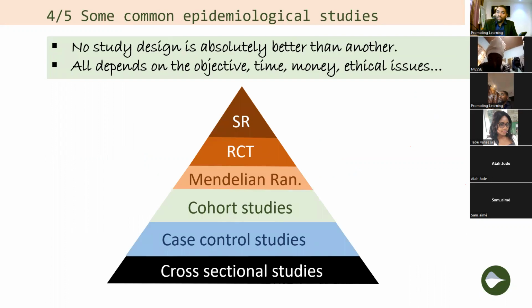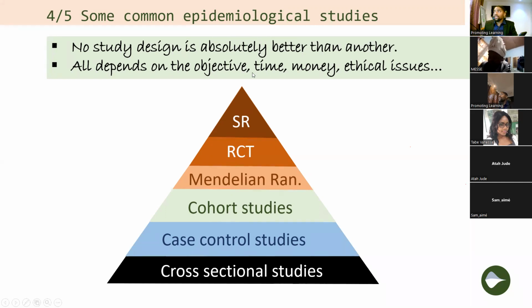Now, this is the pyramid everyone probably has seen somewhere in medical school or on the internet, the hierarchy of evidence. And below here, in some diagrams, you have case reports and case series. The truth is that no study design is absolutely better than another.